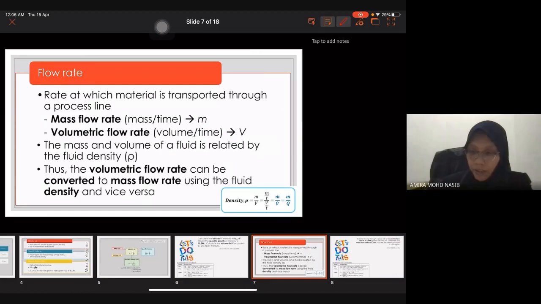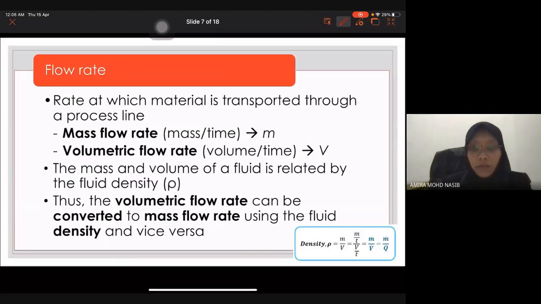Alright, next we go to the flow rate, the next subtopic. Flow rate can be given in two types, which is mass flow rate and also volumetric flow rate. Since it's a rate, it must be over time, either second, minute or hour.